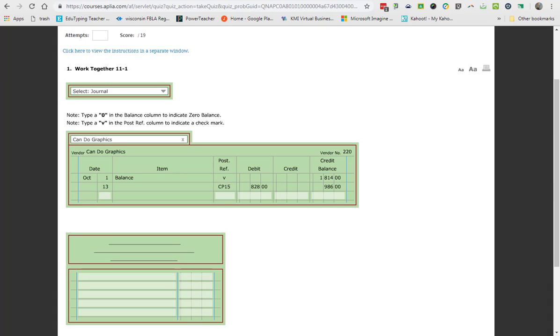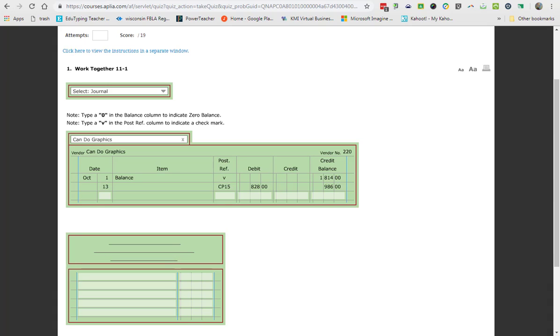Now, your general accounts are going to have a 4-digit number. Your subsidiary ledgers are going to have a 3-digit account number. Now, this says vendor. Vendor means accounts payable. Look at the number. What does it start with? A 2. Remember, your account numbers always clue you into your classification. Assets start with a 1.